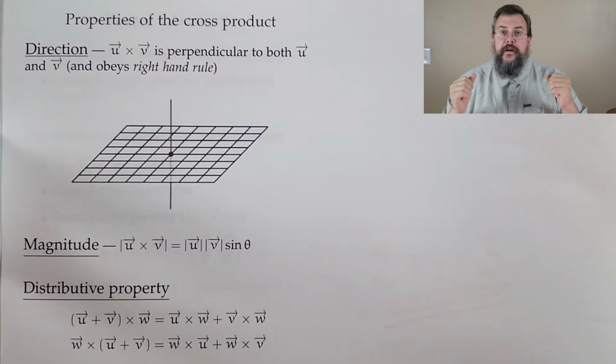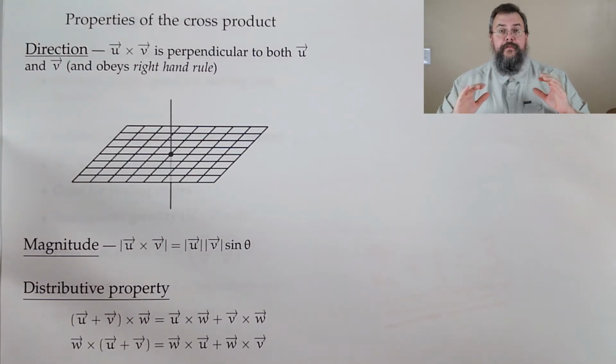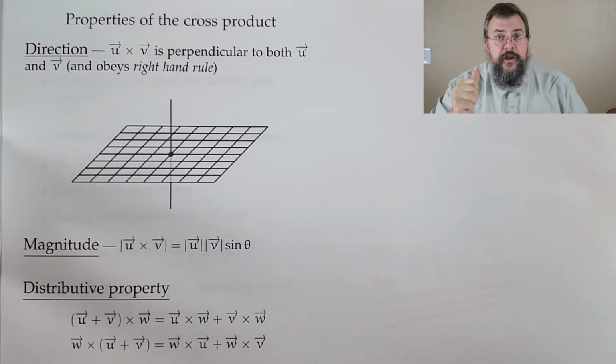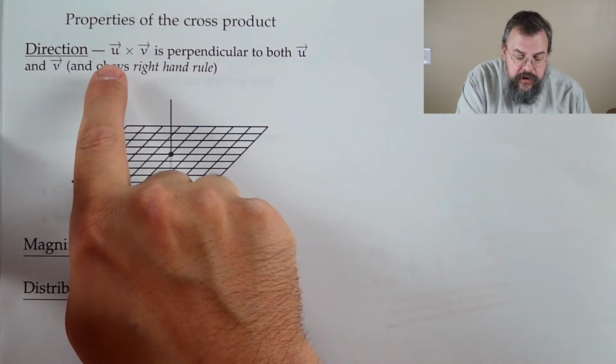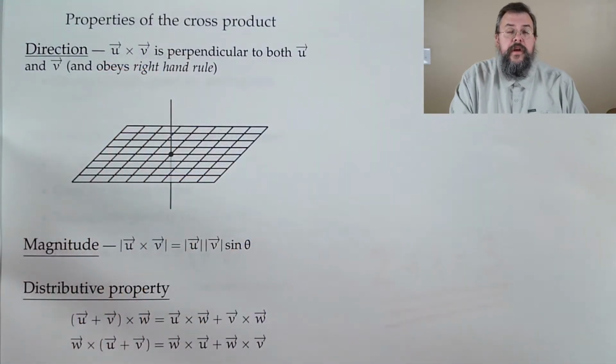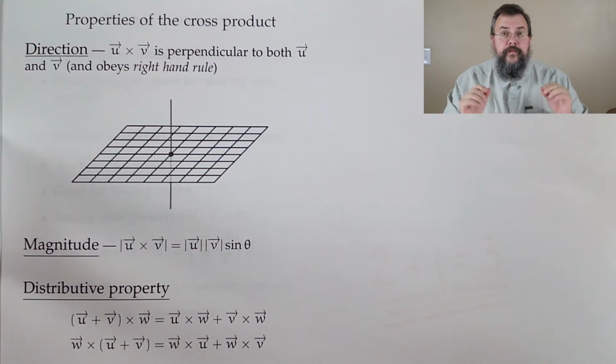So here's our key principle, and this is probably the most important thing about the cross product. If you only remember one thing about the cross product, remember the following. When I take the cross product of the vectors u and v, I want the result to be perpendicular to u and to v.